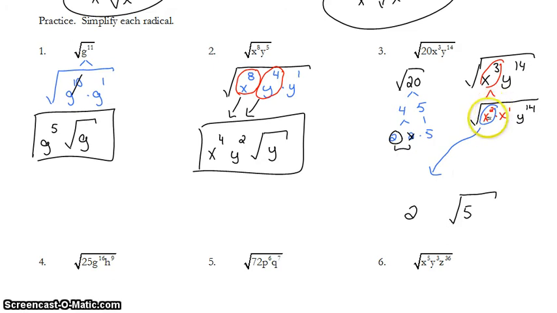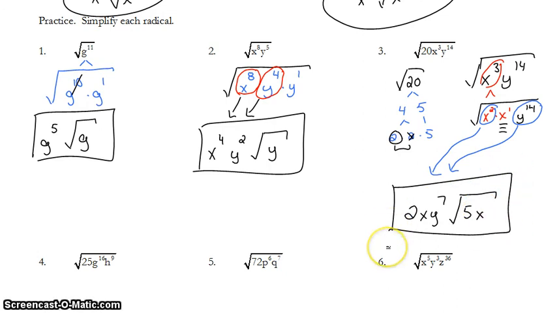X to the 2nd divided by 2 is x to the 1st, or just x. Y to the 14th is even. I pull even ones out by cutting it in half. Half of 14 is 7. I get y to the 7th. X to the 1st was left over. X stays inside. There's my simplified radical.